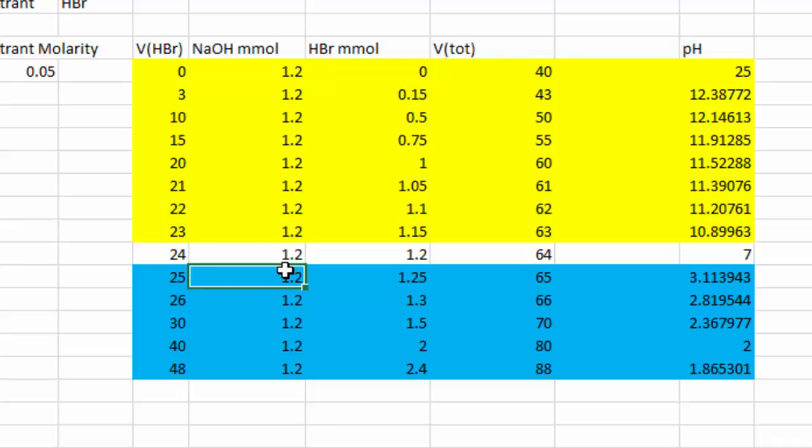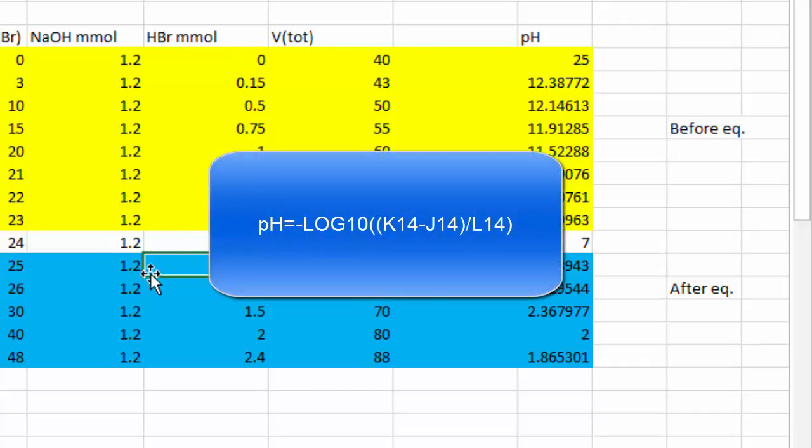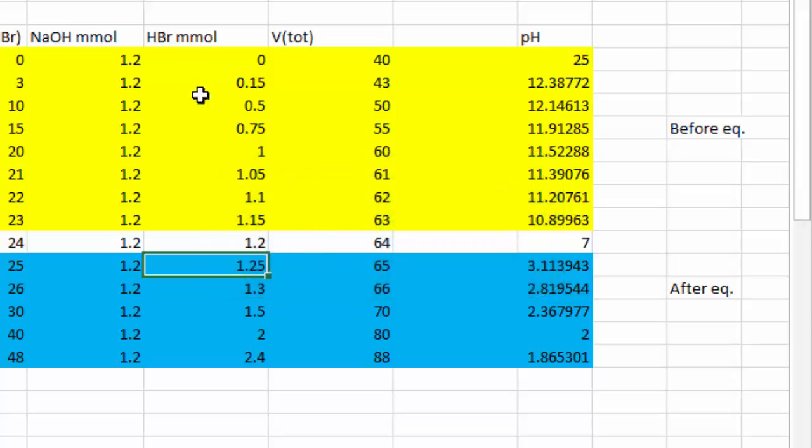Again, that's still the constant. That's the amount of sodium hydroxide that we started with. But the number of millimoles of HBr keeps going up and up as we add larger and larger volumes. Okay, so now the calculation is millimoles of HBr subtract the number of millimoles of NaOH, divided by the total volume, and just directly take the negative log of that to get the pH.